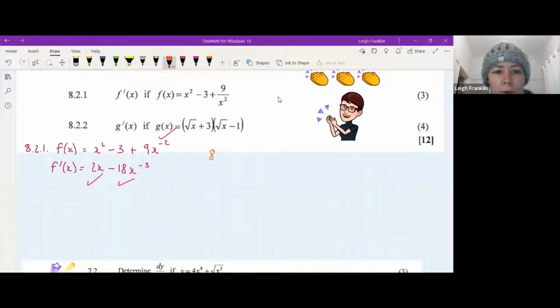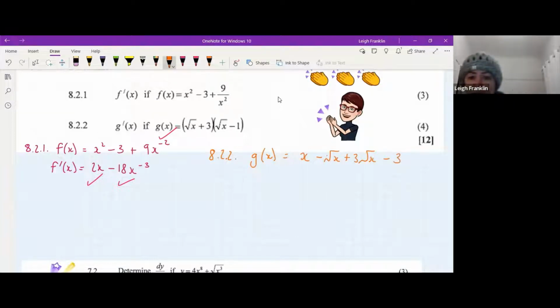8.2.2, remember we have to get rid of brackets, divide lines, and radicals. So g of x is equal to, root x times root x is going to be x. Then it's going to be minus root x plus 3 root x minus 3 when the brackets are gone.